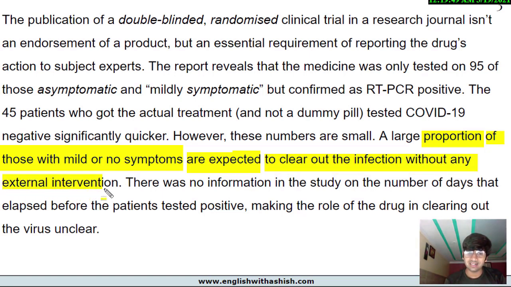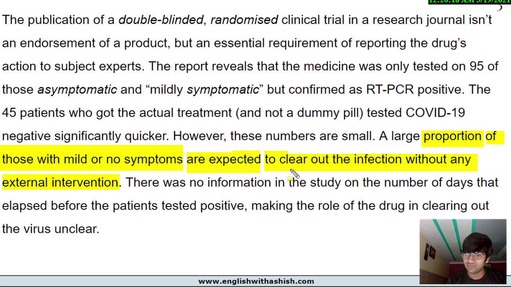So this is again a simple sentence, right? Subject, verb, object. Subject is quite a good one, right? Pre-modifier, post-modifier, verb phrase, a combination of two verbs, and this is the object, which is an infinitive phrase starting with an infinitive, to clear out, right? Now what do we have in this infinitive phrase?